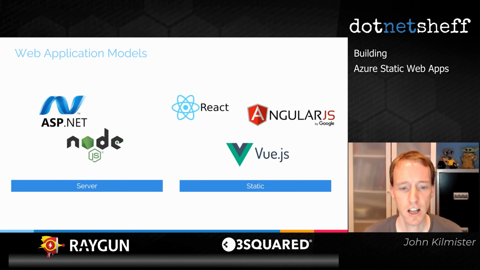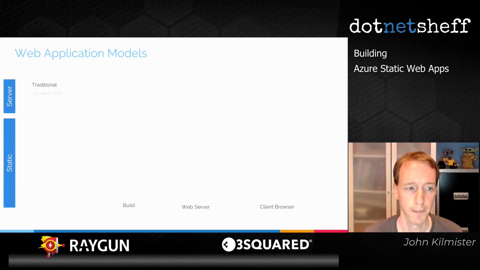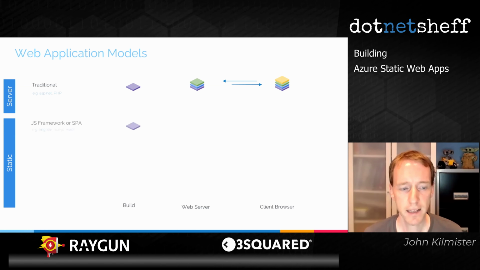Let's have a look at this in a slightly different way. So our traditional app, at build time, we do our compile traditionally. We then, as a user, will go and grab that. And on the web server, we're getting APIs, we're hitting databases, we're doing all of that. Comes back to the client, and we just top it up with a little bit of JavaScript for a bit of interactivity. If we compare that to the first type of static app, a single page application, Angular, Vue, React, build time is a transpilation.